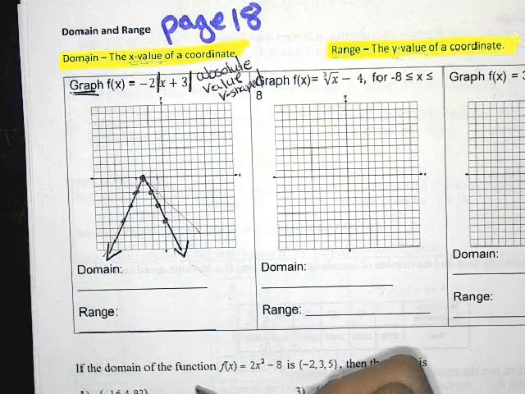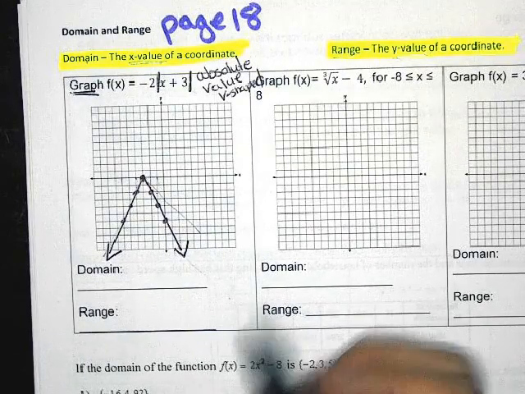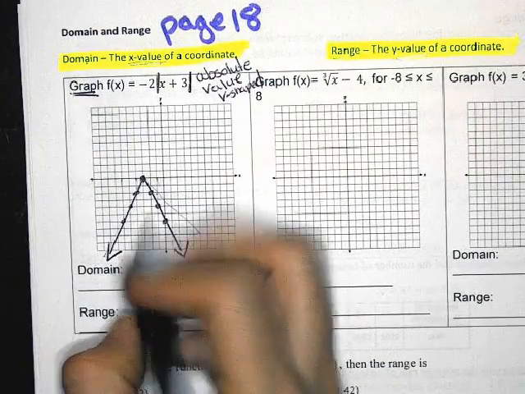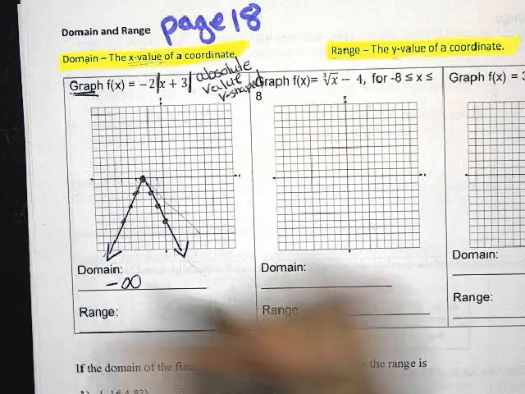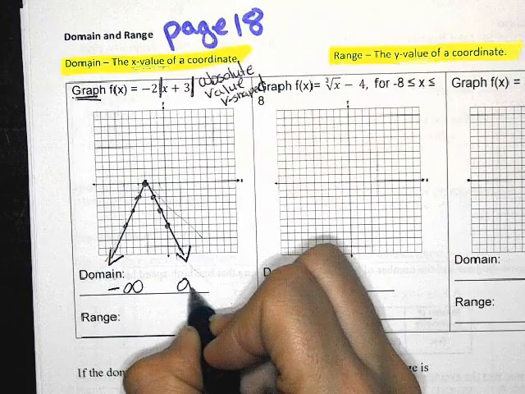Not quite a point. Infinity is what I'm looking for. We're going to use the symbol infinity. Infinity means on and on and on. Yes, the sideways 8. So our domain really goes from negative infinity to positive infinity.